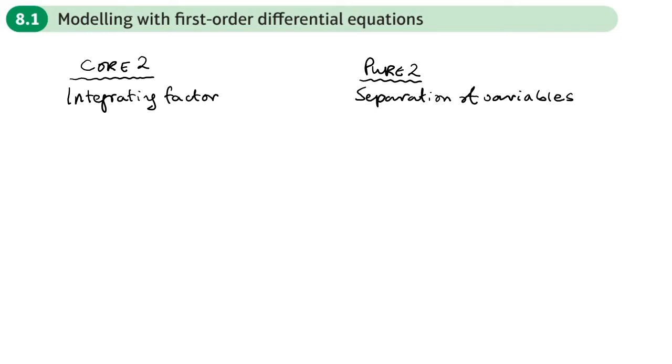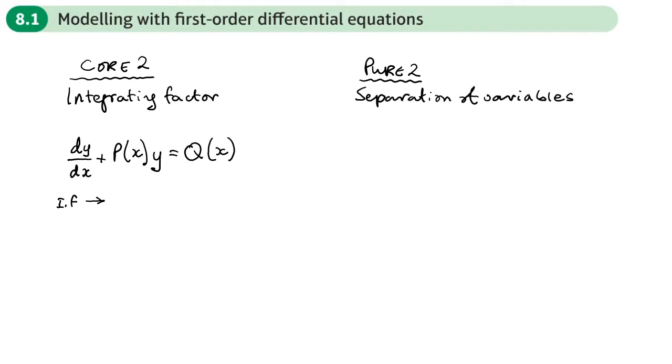It's when we have a first order differential equation written in this form, so dy/dx plus some sort of function of x, y, equals a different function of x, and the integrating factor, let's just call it the IF.